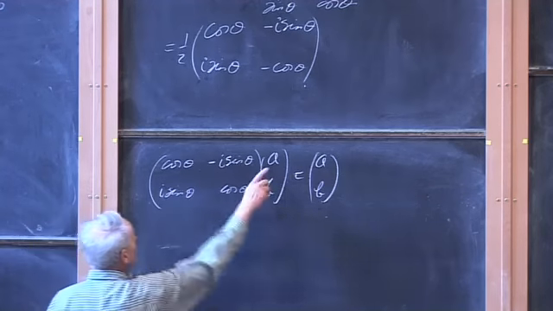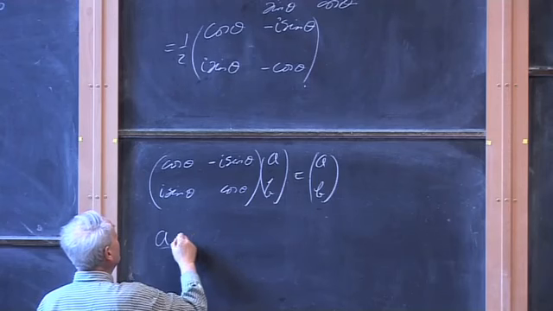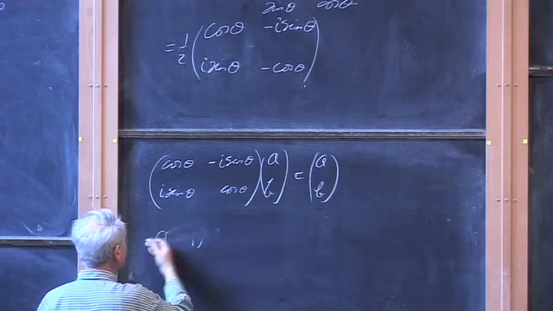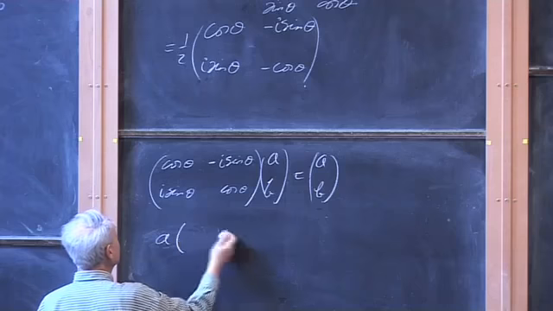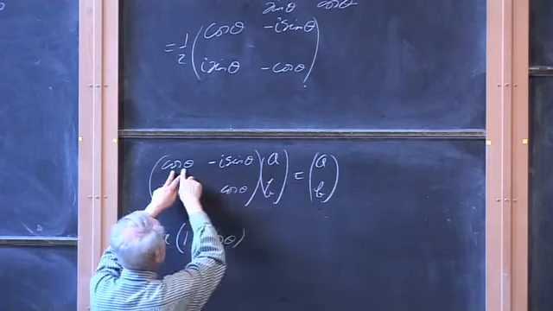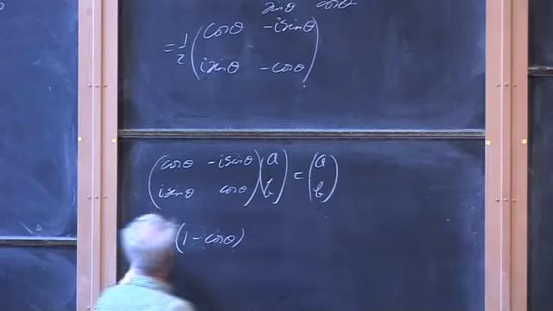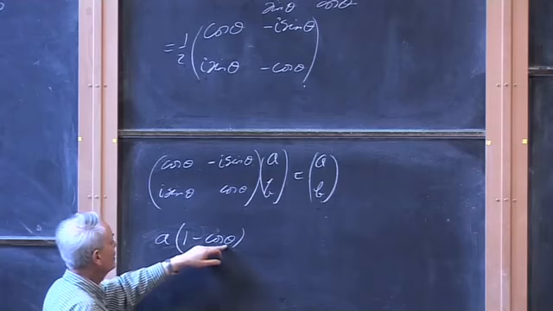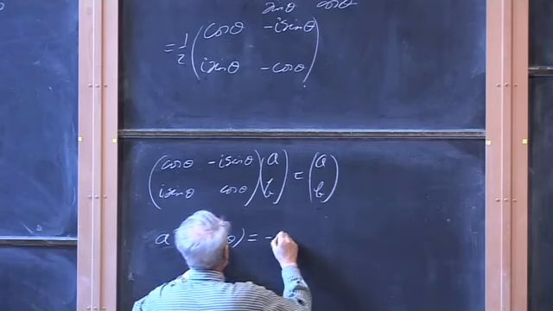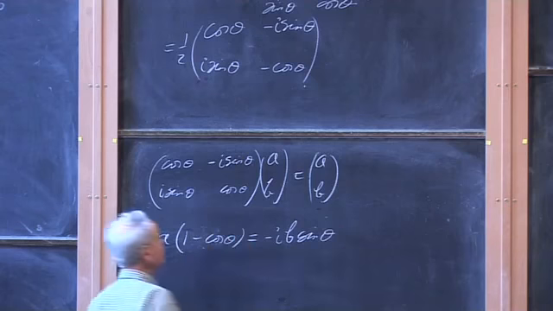So we merely need to look at the top equation, and it says that A cos theta minus i B sine theta equals A on the right-hand side. So if I go to the right-hand side, we'll have A into 1 minus cos theta is equal to minus i B sine theta.